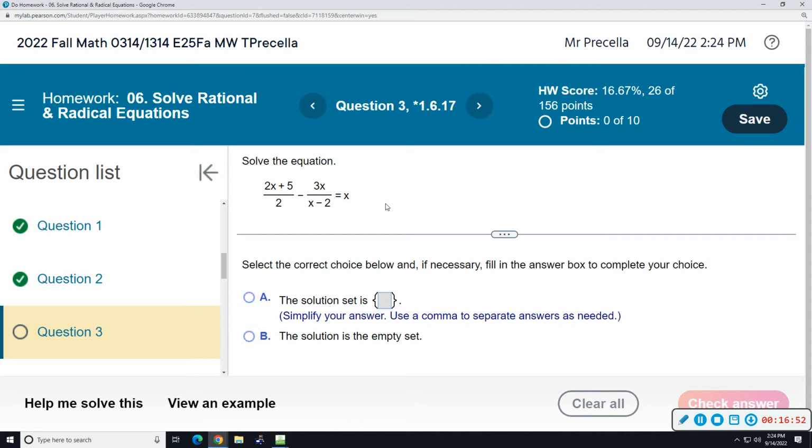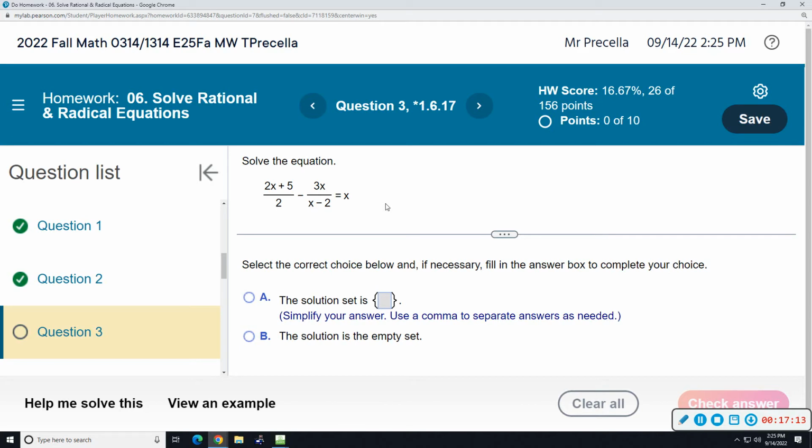Oh, don't write it down yet. Let me write it down, then you write it down. I'm going to spread this stuff out. Remember, we're going to be multiplying through by stuff in order to cancel out denominators.